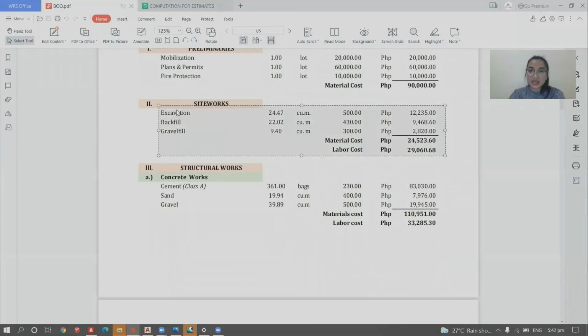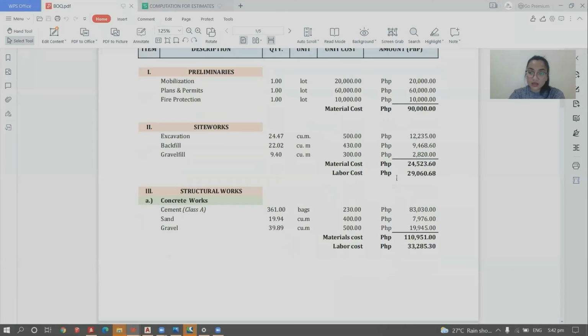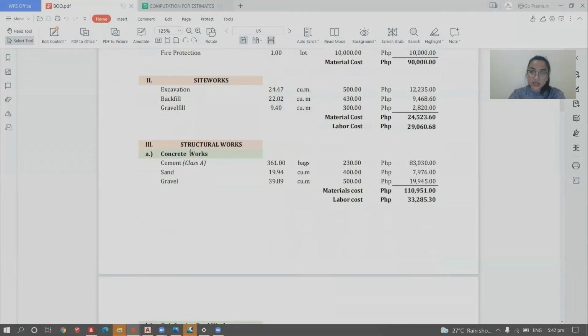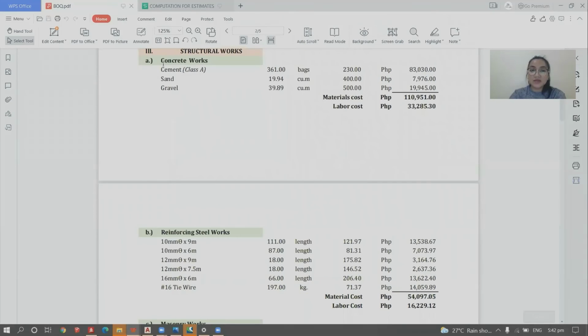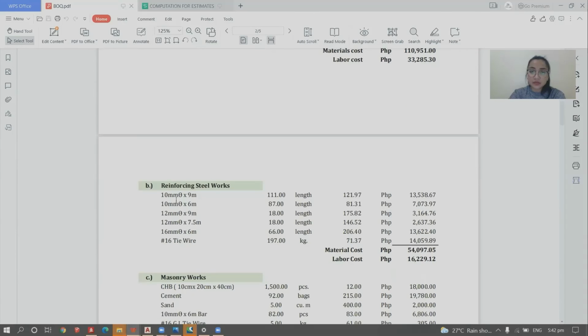Bill of material estimations. For structural work, class A, all cement is used. For concrete works, we have cement, sand, and gravels with corresponding unit cost.